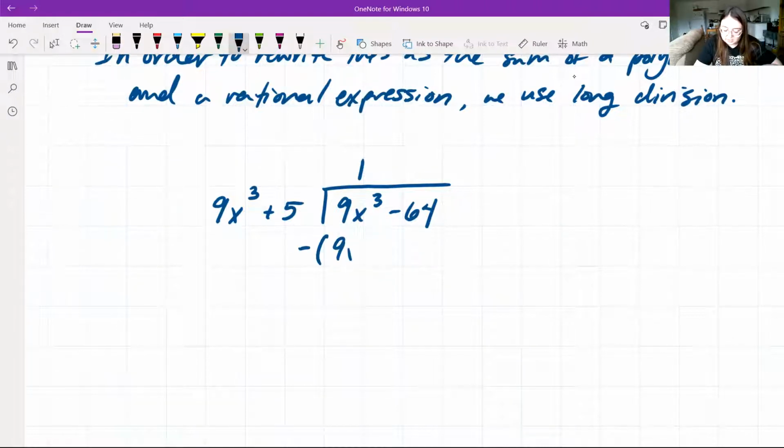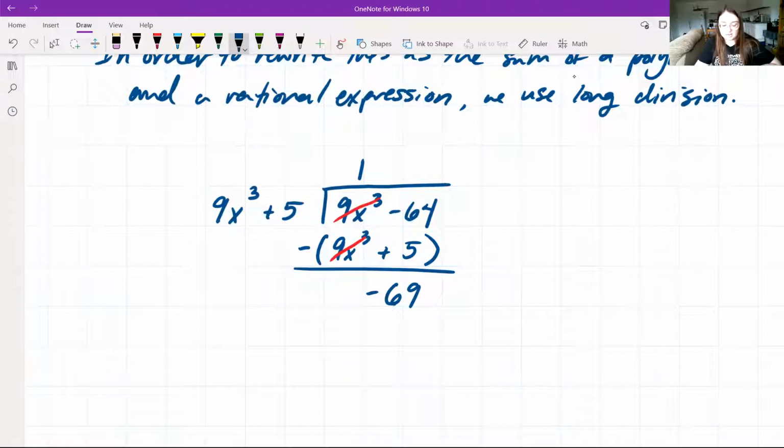So we have minus 9x cubed plus 5. 9x cubed and 9x cubed cancel each other out because you're subtracting. You want to get rid of them. And what we end up left with is negative 64 minus 5, which gives us negative 69.